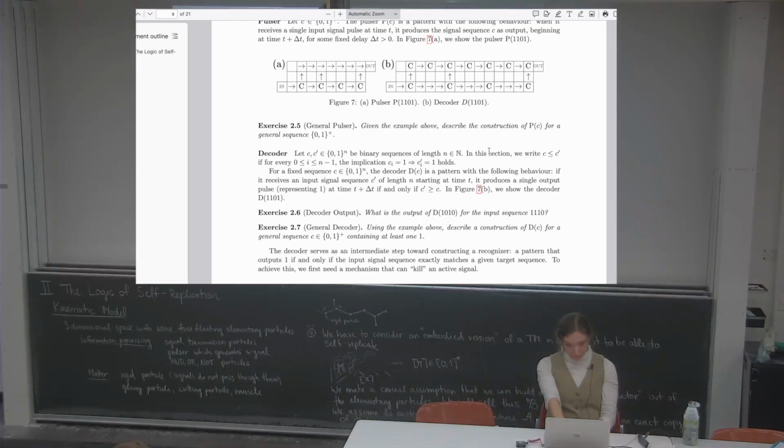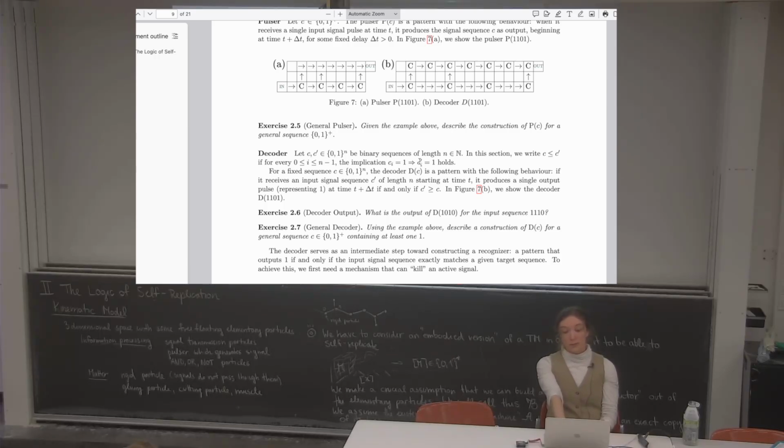So the decoder is defined as follows. First we say if we have two binary sequences of the same length, then C is smaller or equal to C prime if whenever C has a 1 at a particular location, C prime also has a 1 in this location. So C prime has to have 1s everywhere where C has it.